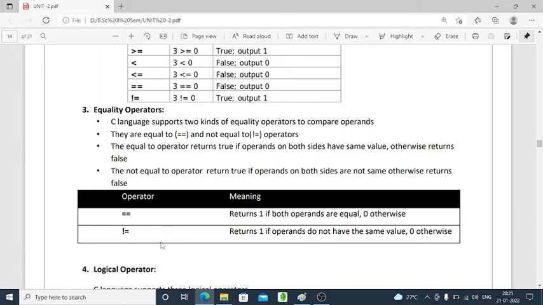In the case of the not equal to operator, if two values are the same, it returns false, and if the two values are different, it returns true. So this is what equality operators are.